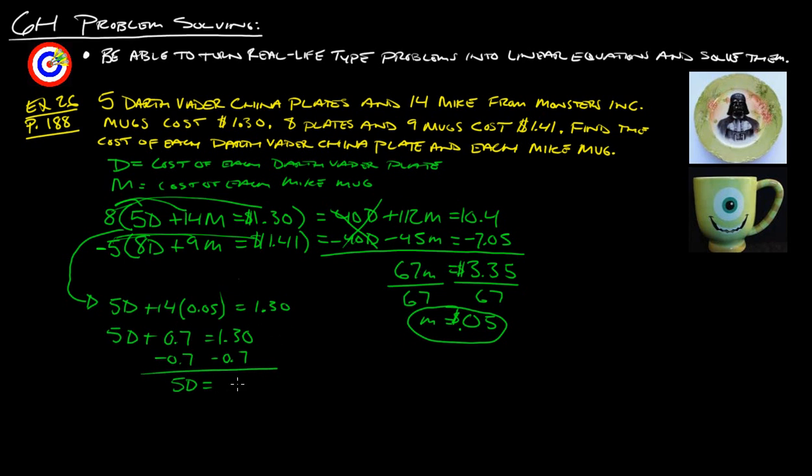And we get 5D, 5 Darth Vader, I keep saying Darth Vader, it's probably because I watch Cars too often with my son, but 5 Darth Vader China plates is going to cost us 60 cents. Divide both sides by 5, and we get that the Darth Vader plates, a little bit more expensive than the mugs, are 12 cents each.